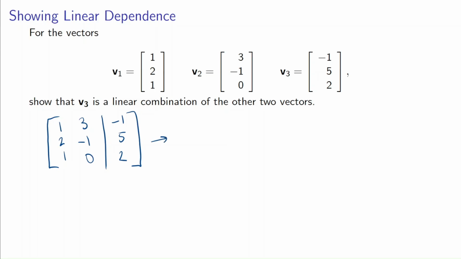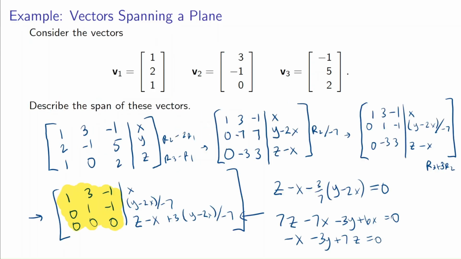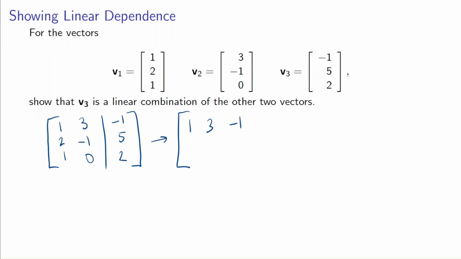So this will row reduce, and you're certainly welcome and encouraged to try this to double check that it does work. Again, we're going to get that 1 3 negative 1, 0 1 negative 1, 0 0 0 matrix. We can put that vertical line there just to be consistent with our current problem, but nothing else is affected.